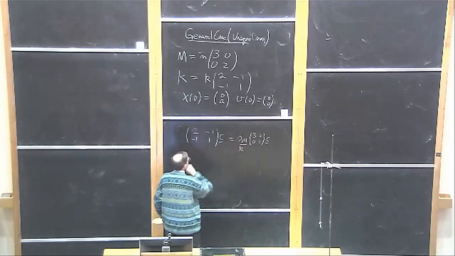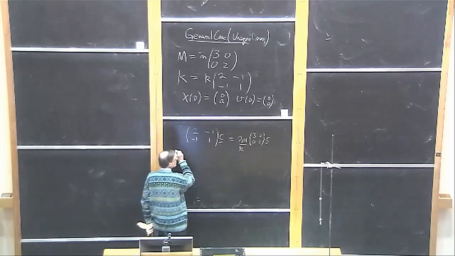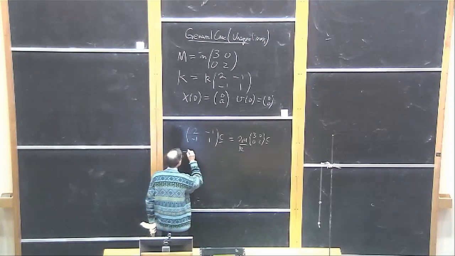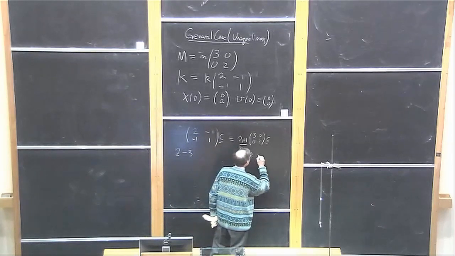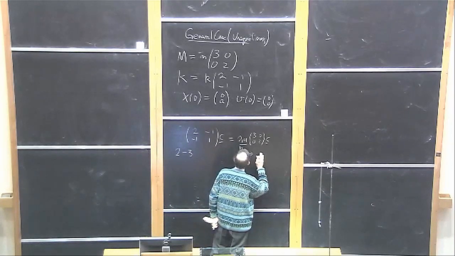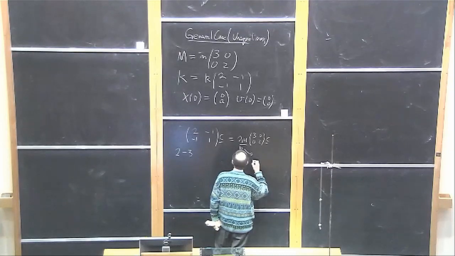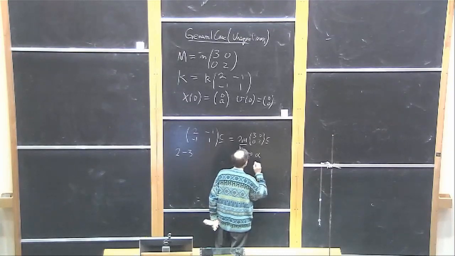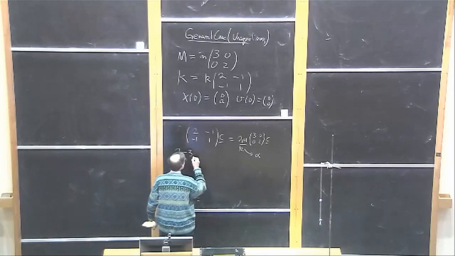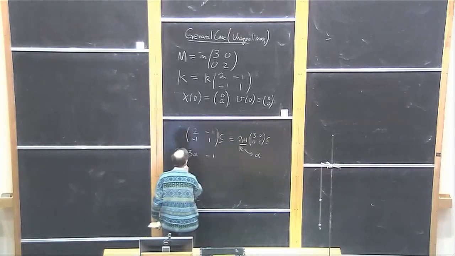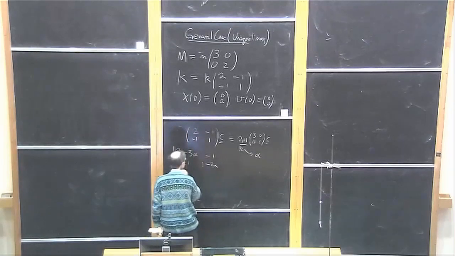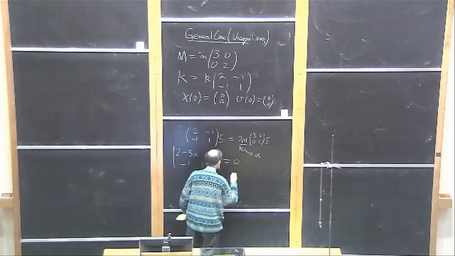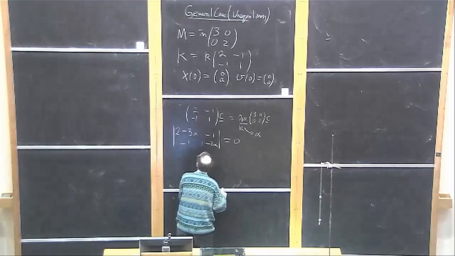And then I'm going to take this over to the other side to give me 2 minus 3 alpha, minus 1, minus 1, 1 minus 2 alpha, where I'll call that quantity, lambda m over k, alpha. So that is the determinantal equation that determines the eigenvalues.